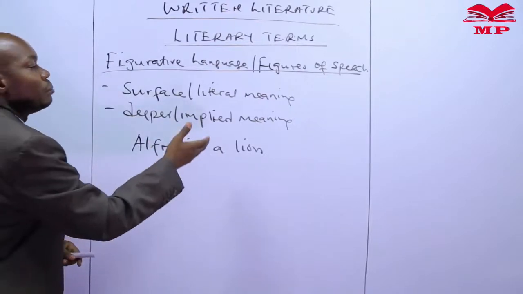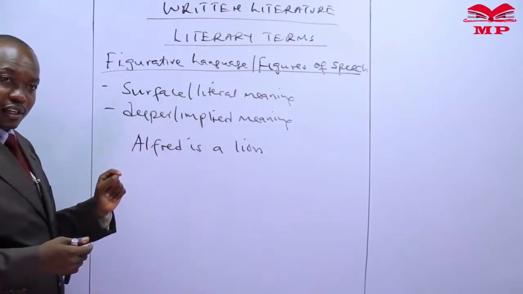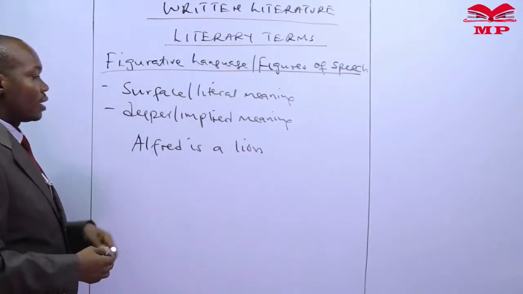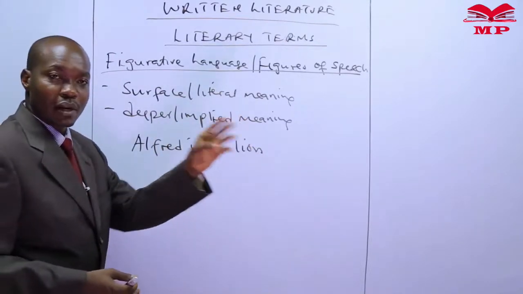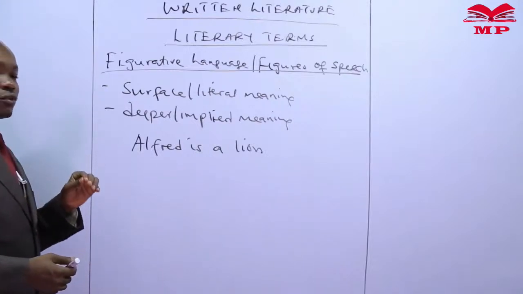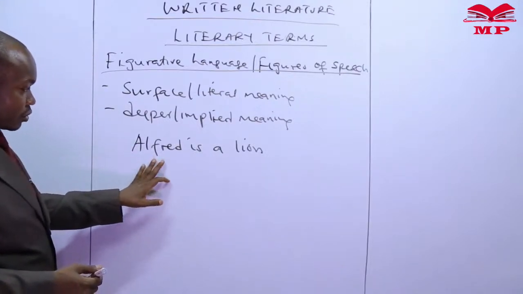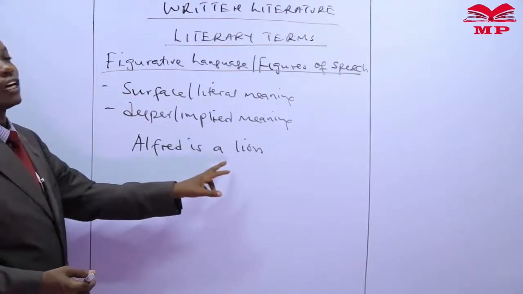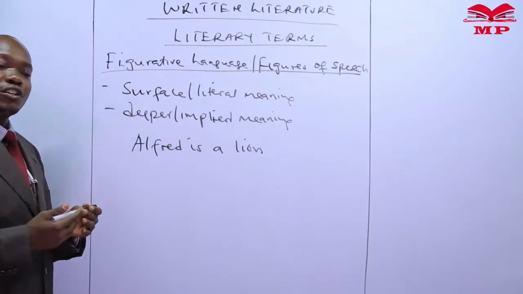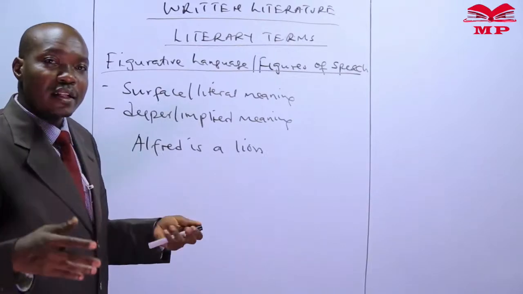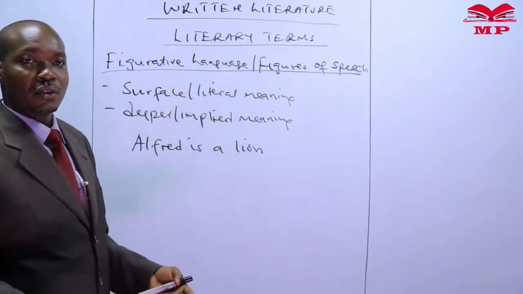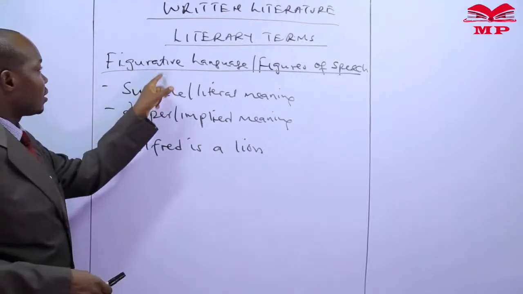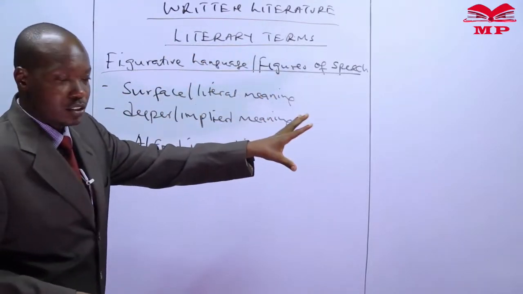So there is a deeper meaning, an implied meaning. In this case it means Alfred behaves like a lion, which means Alfred is a brave man. So this statement is called a figure of speech. You call this figurative language. I will call this a metaphor. Any language that has a meaning that is beyond what you can see is called figurative language, or figures of speech.